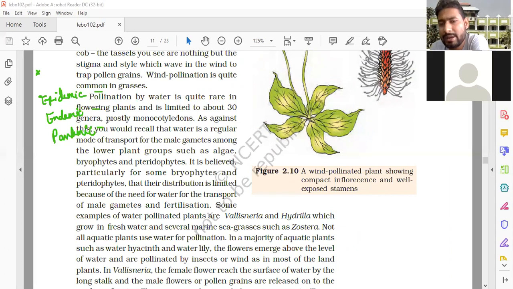Anyone? Rima, Devadarshini, Anusuya. Anyone, can you tell what epidemic, endemic, and pandemic mean? Do you know about this terminology?